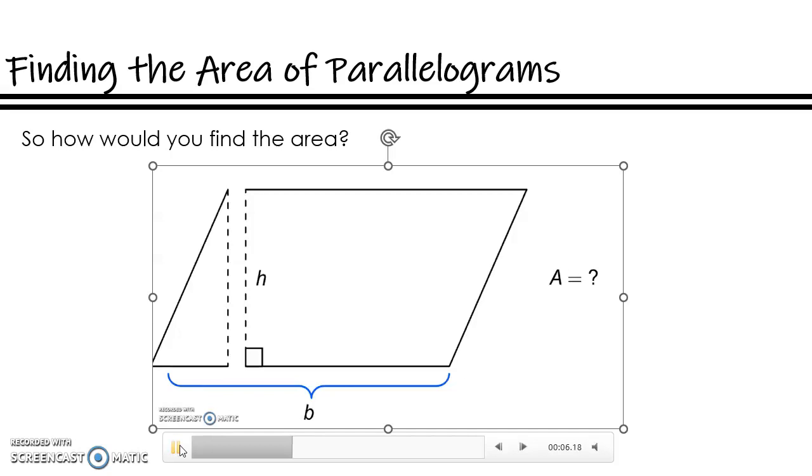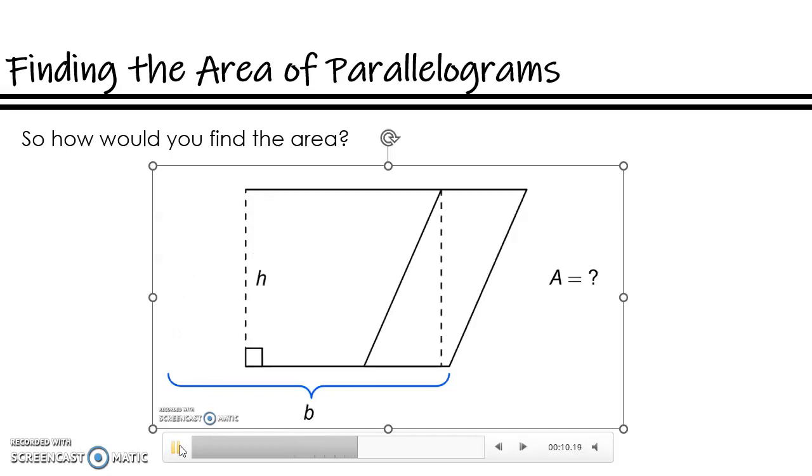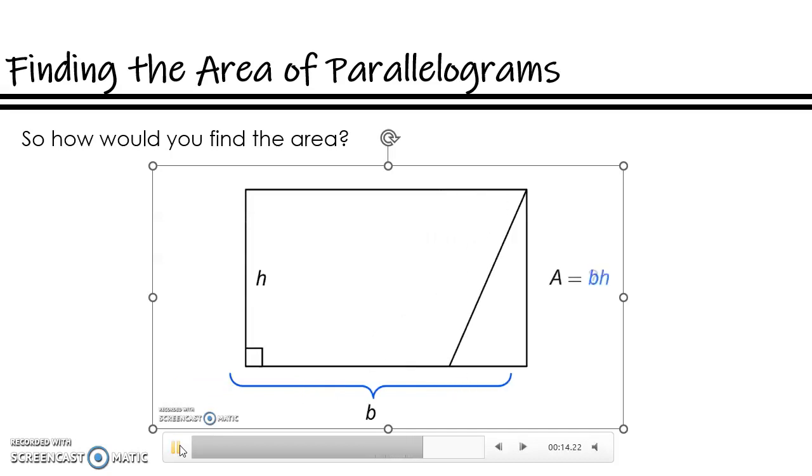So look how they are detaching the triangle, and they're moving it across the shape to the other side. And think about what shape is formed. Okay, hopefully you see that that creates a rectangle, and all they did was chop off one side and move it. They didn't take anything away, they didn't add anything, they just moved it.